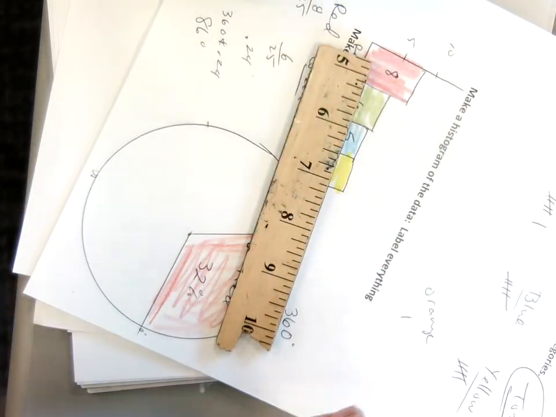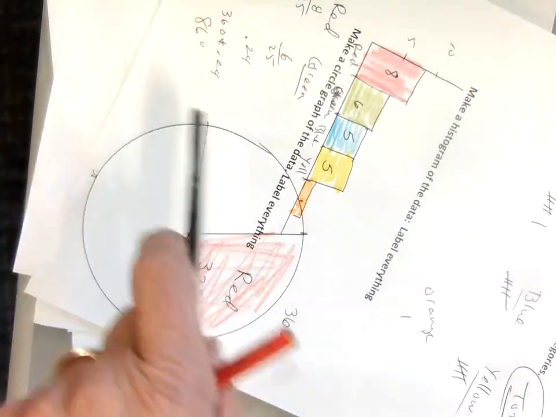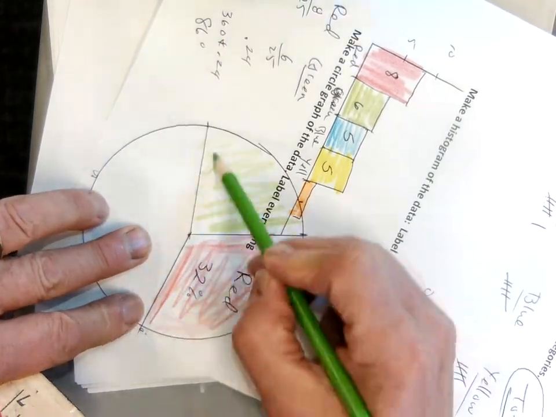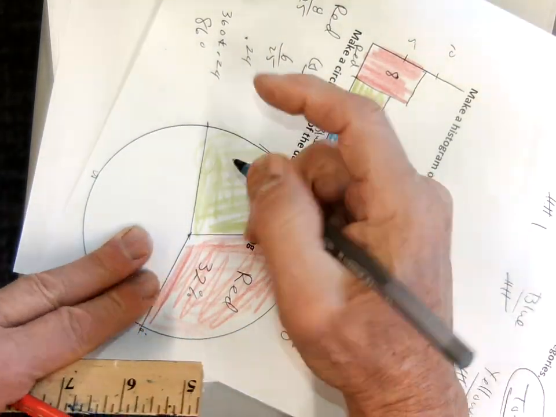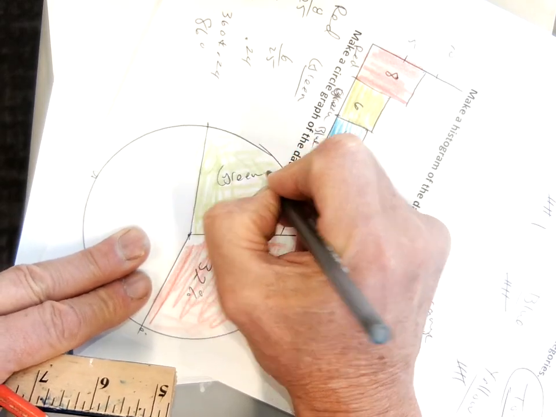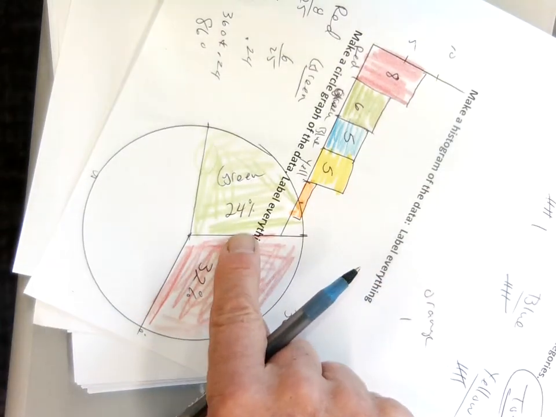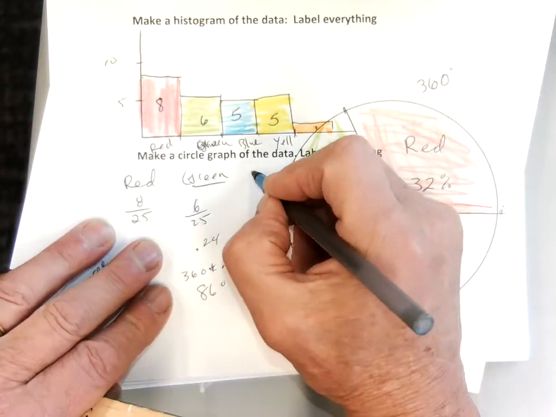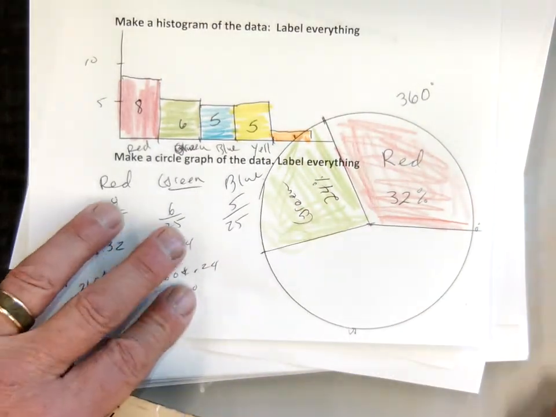I draw that in, and there is my green. I'm going to put in my 24%. Where did the 24 come from? 6 out of 25. Perfect, well said.